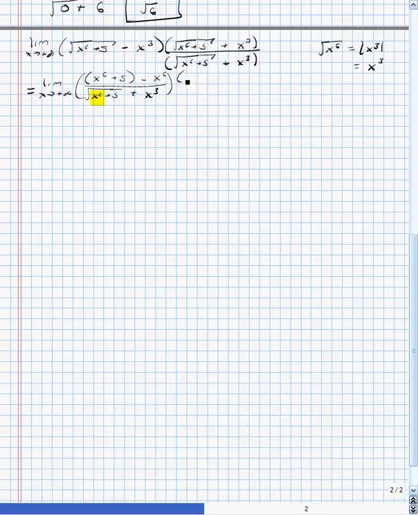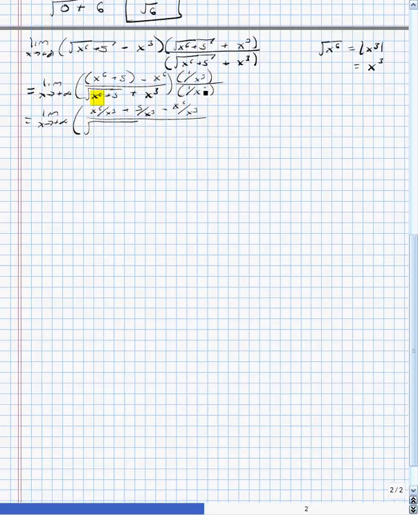So 1 over x to the 3rd divided by 1 over x to the 3rd. Let's distribute that out to see what that looks like. The limit as x approaches positive infinity of x to the 6th over x to the 3rd plus 5 over x to the 3rd minus x to the 6th over x to the 3rd, all over the square root.